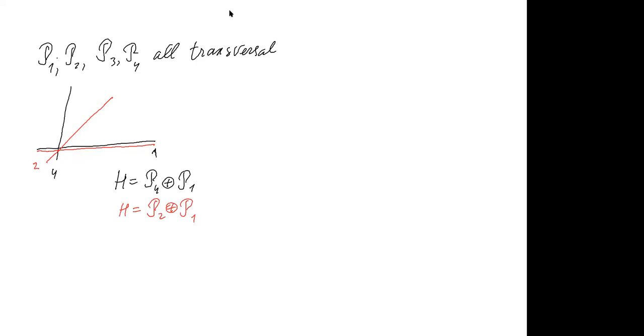Now every hyperplane P3, which lives in general position with all three other hyperplanes, I can represent as a graph of a map from P1 to P4, or else as a graph of some different map from P1 to P2.